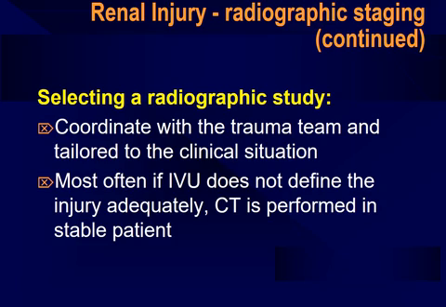During trauma, the condition is urgent, and we need to select rapidly our radiographic study to choose one study that helps us and helps even to detect any trauma all over the system or all over the abdomen. That's why we have to coordinate with the trauma team.